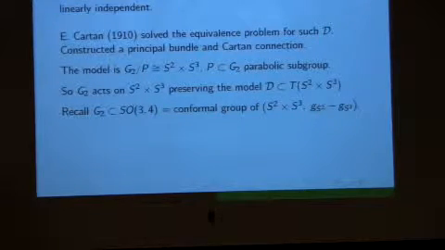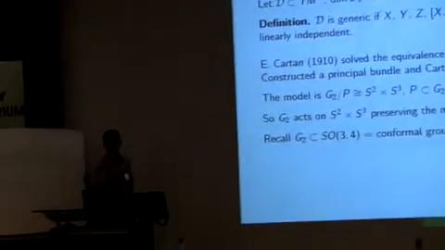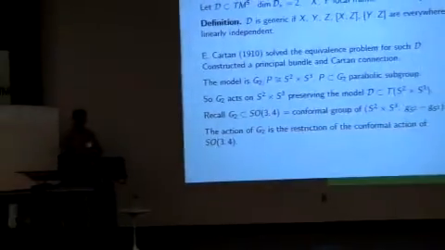But if you do conformal geometry in signature (p,q), the model is Sp cross Sq with the difference of the metrics, and then your conformal group is SO(p+1,q+1). For the action of SO(3,4) on S2 cross S3, you just realize S2 cross S3 is the space of rays in the null cone. Mike had a slide about this in the definite signature. And then SO(3,4) just acts linearly on rays, preserving the null cone, and that gives you this action. G2 is viewed as a subgroup of SO(3,4), and it acts on S2 cross S3 by the restricted action. So it really is the conformal action. The action is just the restriction of the conformal action.